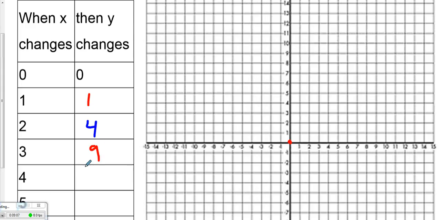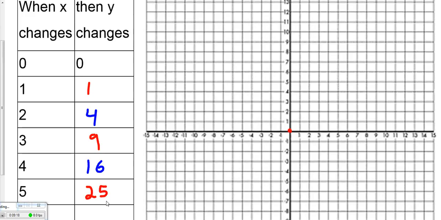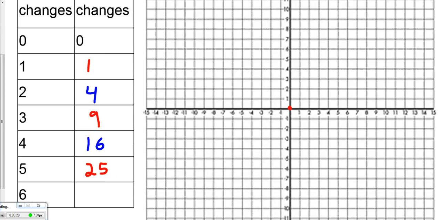When my x goes over 4, my y is actually going up by 16. And when my x goes over 5, my y is actually going up by 25. And lastly, 6 would be a 36. So I could plot my points as though I was coming from the origin, like this.